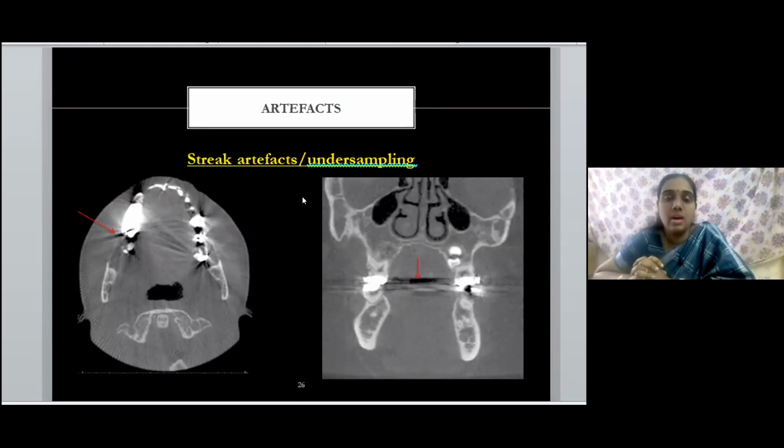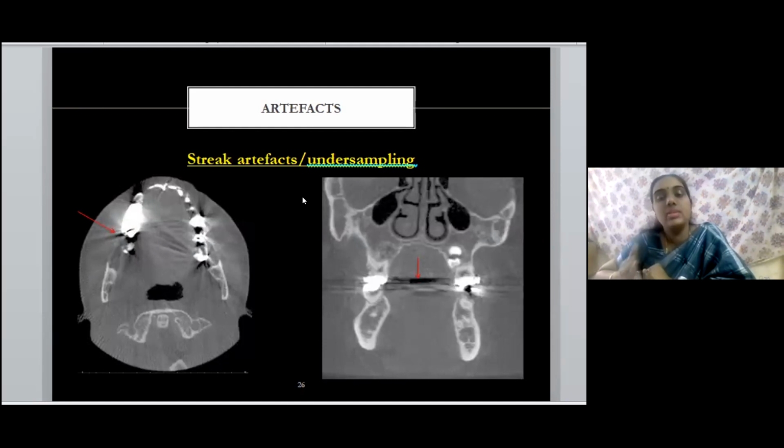You can see dark streak lines around the metallic restorations, and these are known as streak artifacts, which are caused due to undersampling. Undersampling is when the sampling intervals of the raw data are too large. The raw data is nothing but the lateral basis images, that is the raw images which the machine provides.